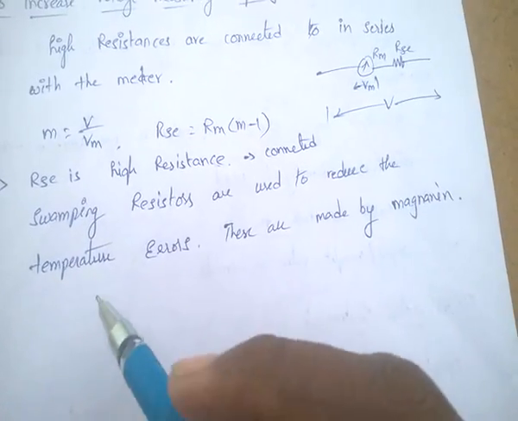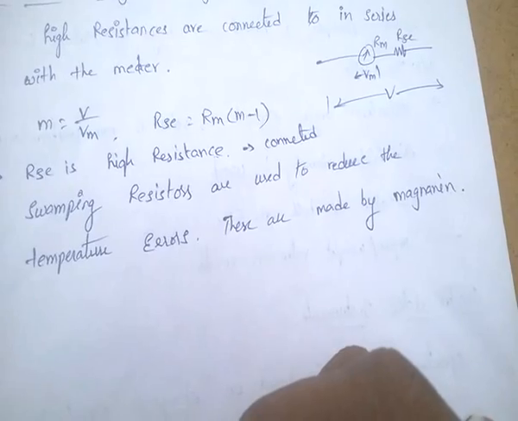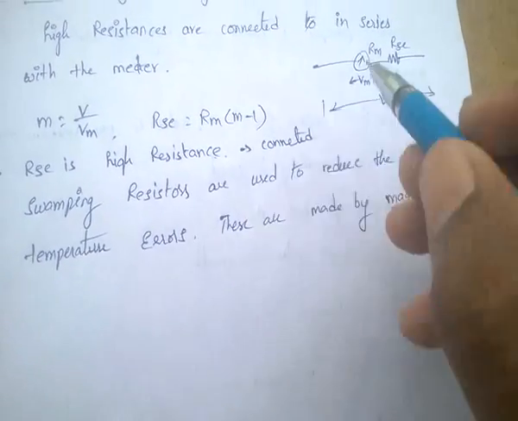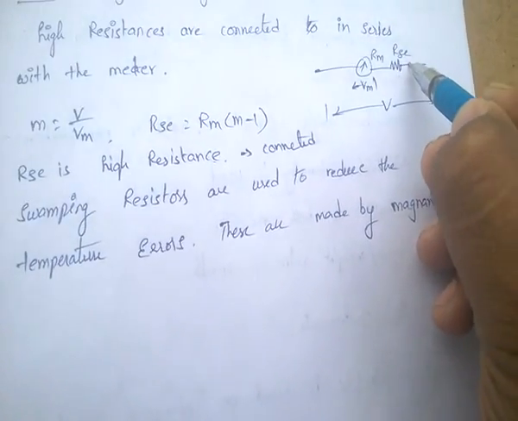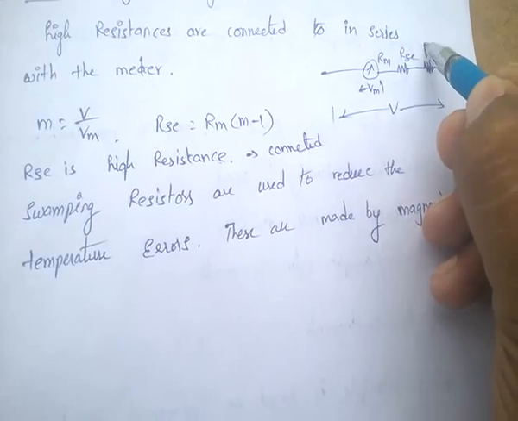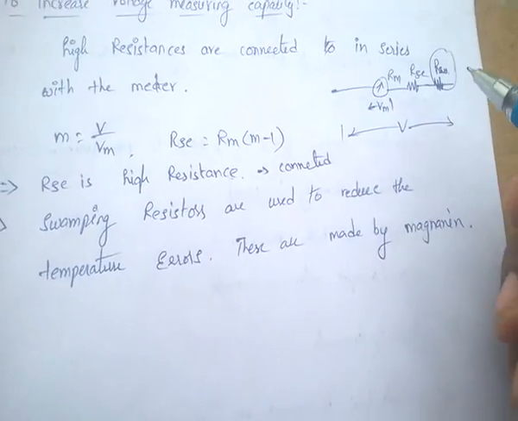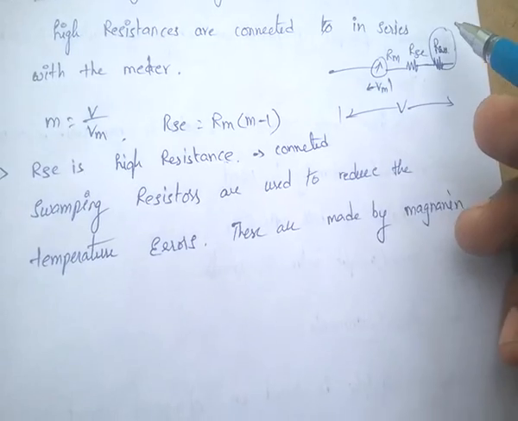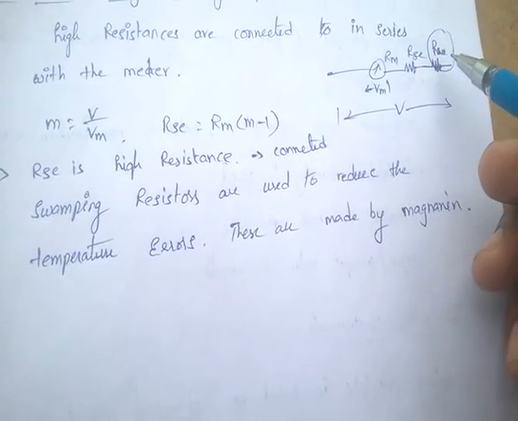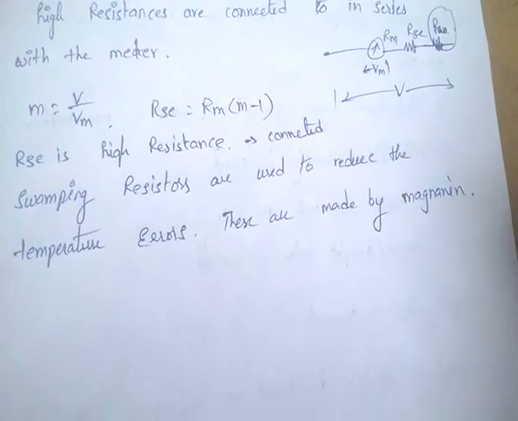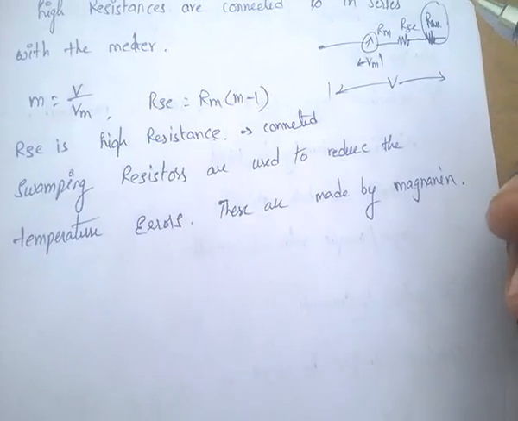Next, swamping resistors are used to reduce the temperature errors. Here one more resistance, the swamping resistance, may be used. Why? Because this swamping resistance is used to reduce the temperature errors.